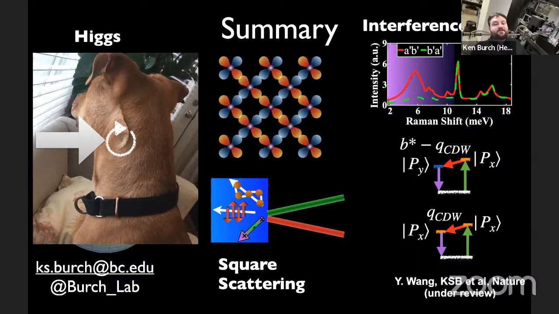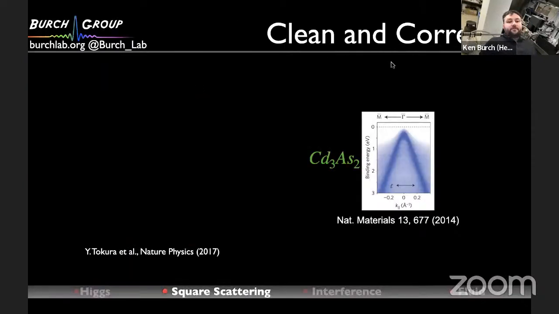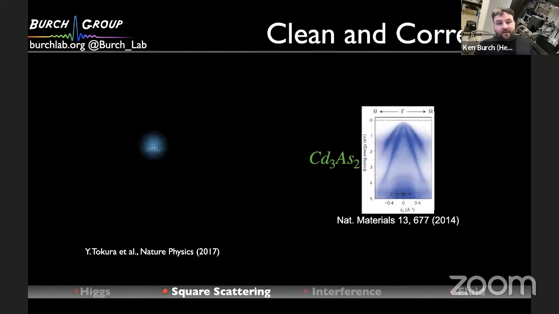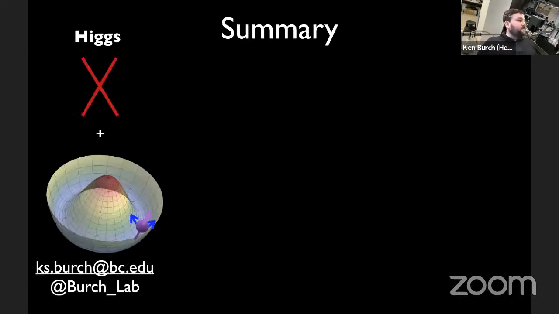That's a good question. So maybe I went a little too fast. Basically, the Higgs mode is an excitation of the CDW itself, right? So it's really, let me go back here. Sorry, I'm in the wrong part of the talk. There it is. So the Higgs mode is really this excitation of the amplitude of the order parameter as a function of time.